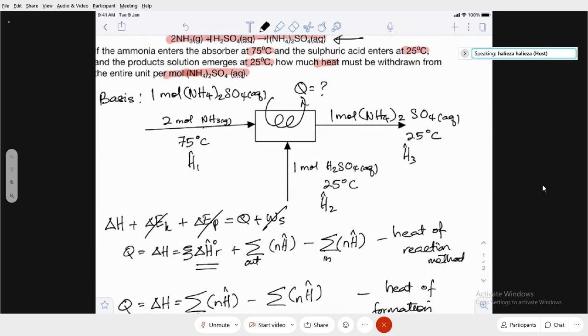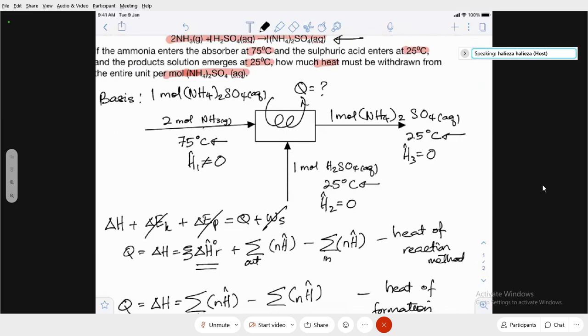Here it is at 75, so this is not going to be 0 because it is not at 25. Over here it is at 25, so that enthalpy is going to be 0. Then the same thing for your product, it is at 25, so that is going to be 0. So you need to find this enthalpy for your ammonia. That's the only value that you need to find in order to calculate Q.